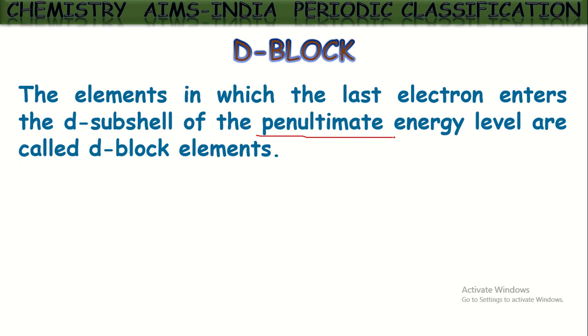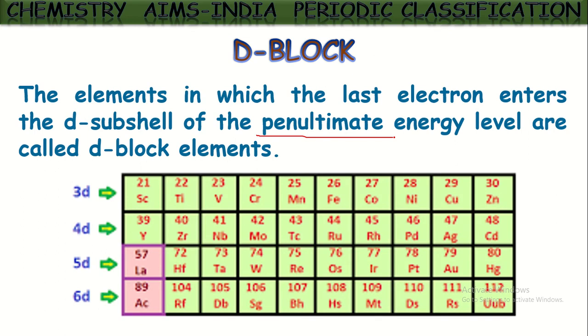So the elements for which the differentiating electron enters into d subshell of penultimate shell are known as D block elements. The D block elements are in between the S block and P block in the modern periodic table.